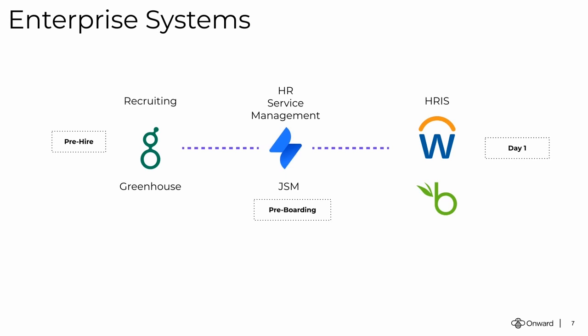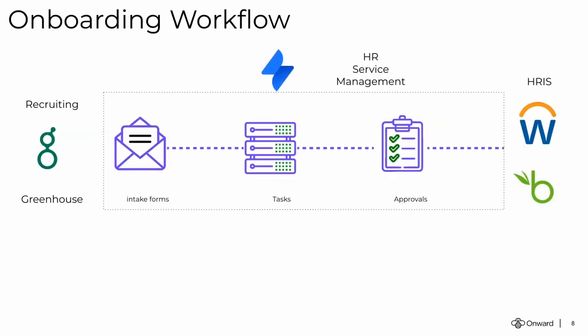Now, I want to break it down into 3 distinct phases of employee onboarding: pre-hire, pre-boarding, and day one. Let's do a double click on it, right? We have recruitment handoff for a candidate accepted the offer, and we know the source of truth is the HR HCM application.